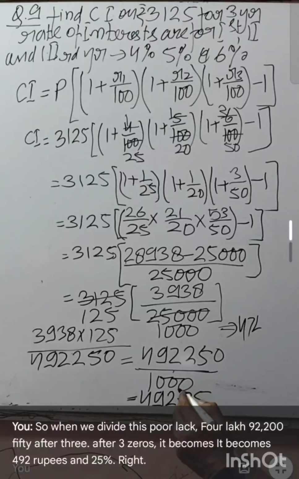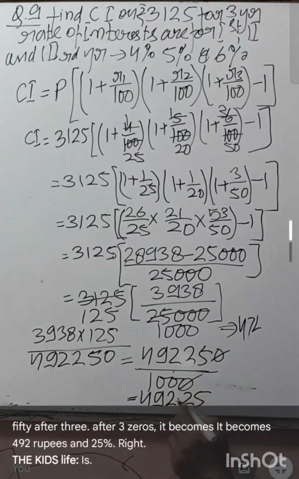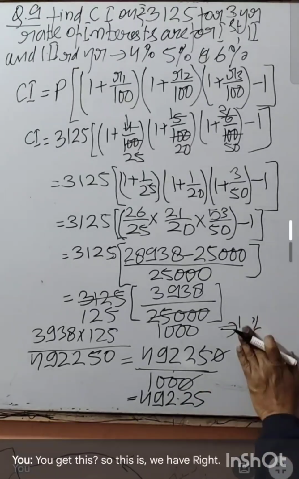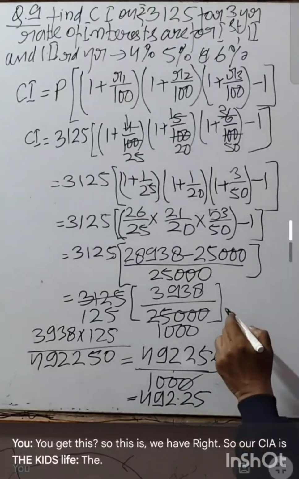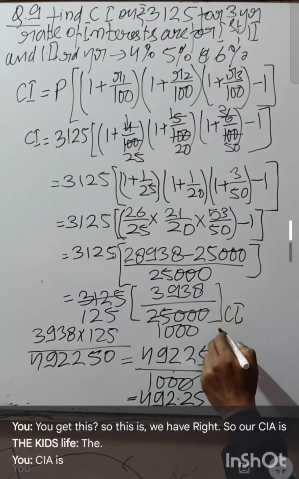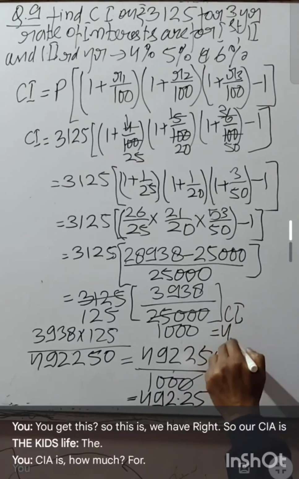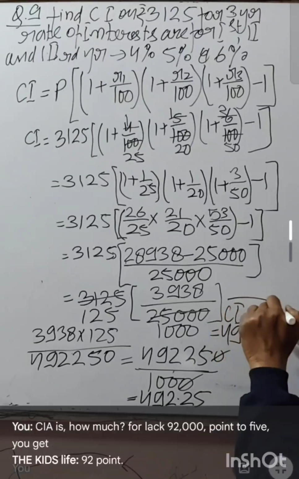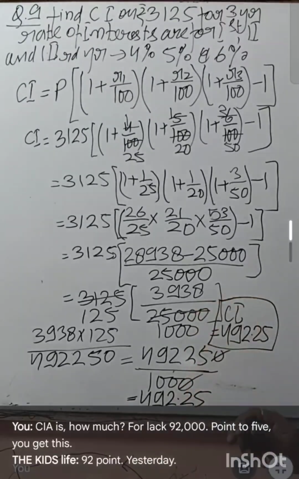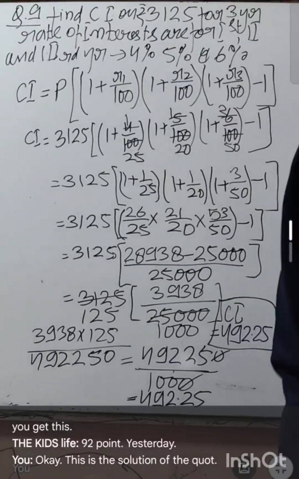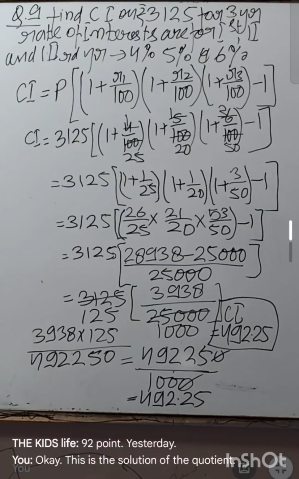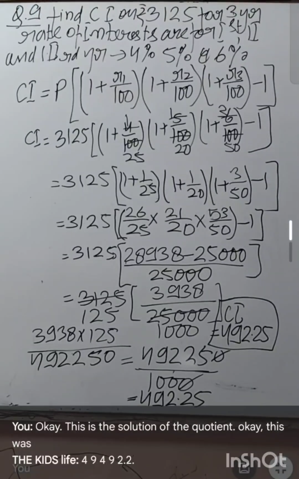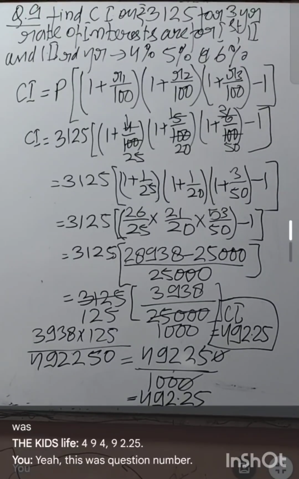So our CI is 492.25. This is the solution of the question. This was question number 9.